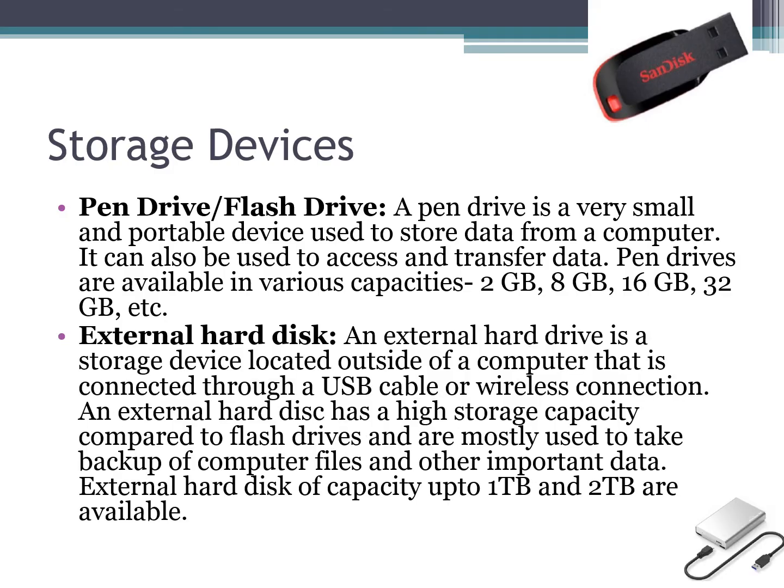External hard disk. You must have seen a hard disk which can be connected to the system externally. Now they have a wide variety of storage. They are ranging up to 1 TB, 2 TB. So they are useful for saving larger amount of data.